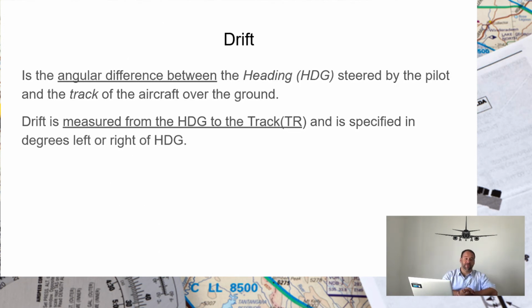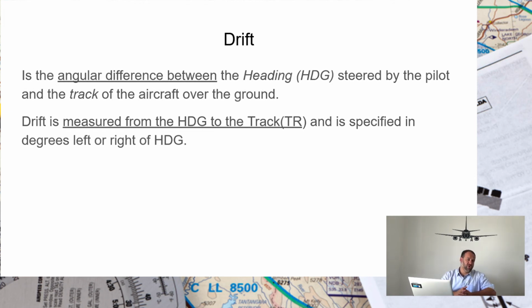Let's talk about drift. Drift is the angular difference between the heading steered by the pilot and the track of the aircraft over the ground. So yes, drift is measured from the heading to the track and is specified in degrees left or right of the heading.